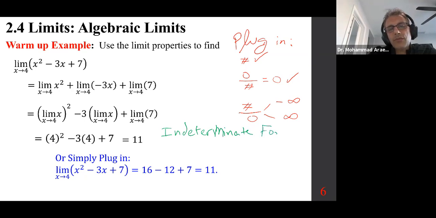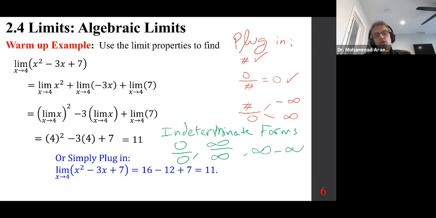Some of them are as follows: 0 over 0, infinity over infinity, infinity minus infinity, so on and so forth, okay? That basically means we have to work at it. We need to use our algebraic techniques to figure it out.